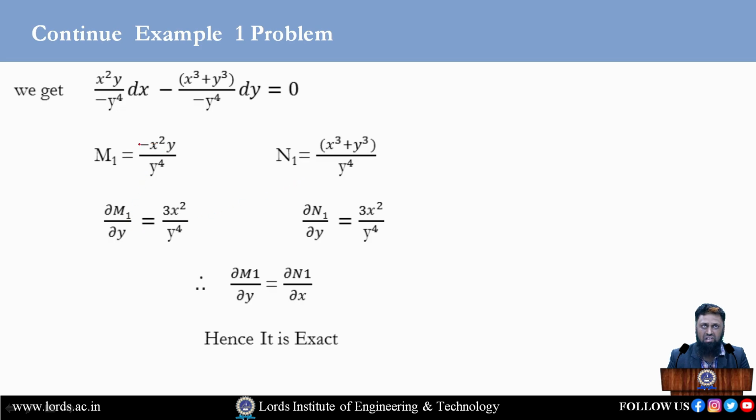Now take partial differentiation with respect to y: you get 3x square by y power 4. And del N1 by del x, partial differentiation with respect to x, gives 3x square by y power 4. So both del M1 by del y equals del N1 by del x, hence it is exact. Now we go to the general solution.